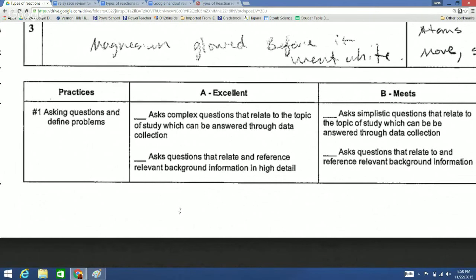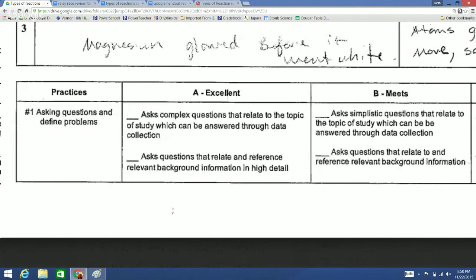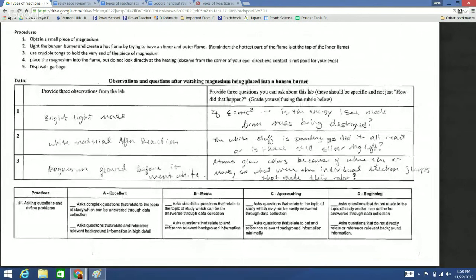So data collection is the key part there. Like, could you decide what independent and dependent variable you need to answer this? And the question also kind of has to relate in some way to your background information. You can't just ask a random question that doesn't relate to anything you've learned before. So in this synthesis reaction, my first one, you can see my observations. They don't directly go with my questions.